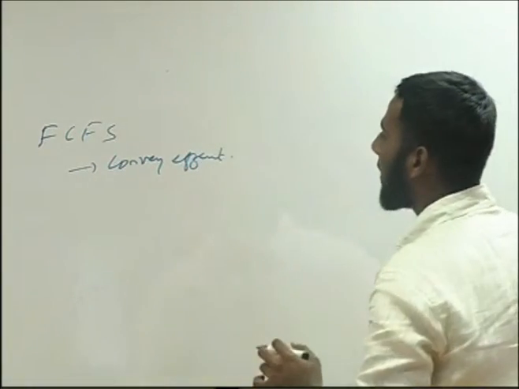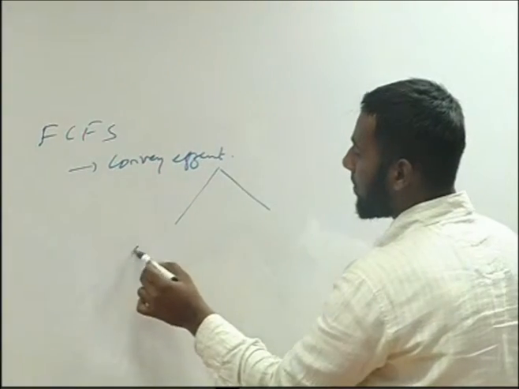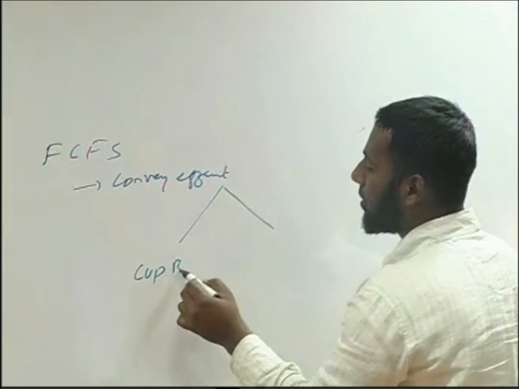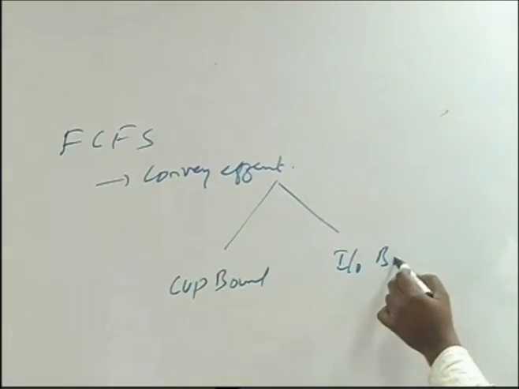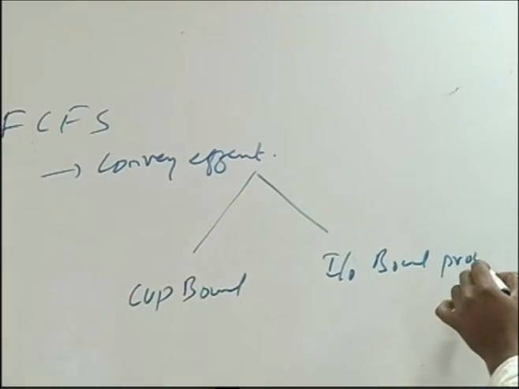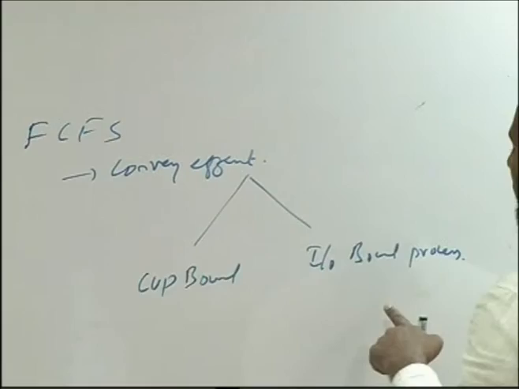That is, we have divided processes into two different categories. One is CPU bound processes and another is IO bound processes. FCFS is not doing fair for IO bound processes.